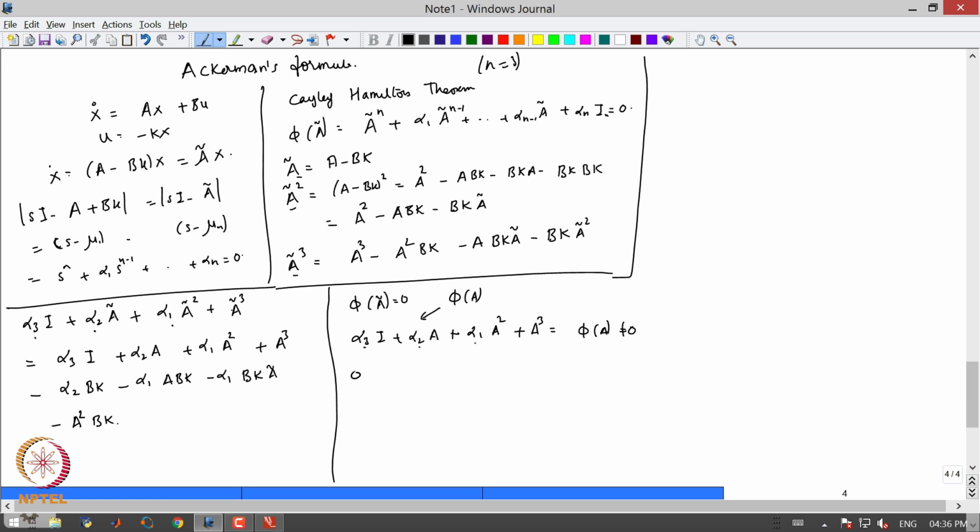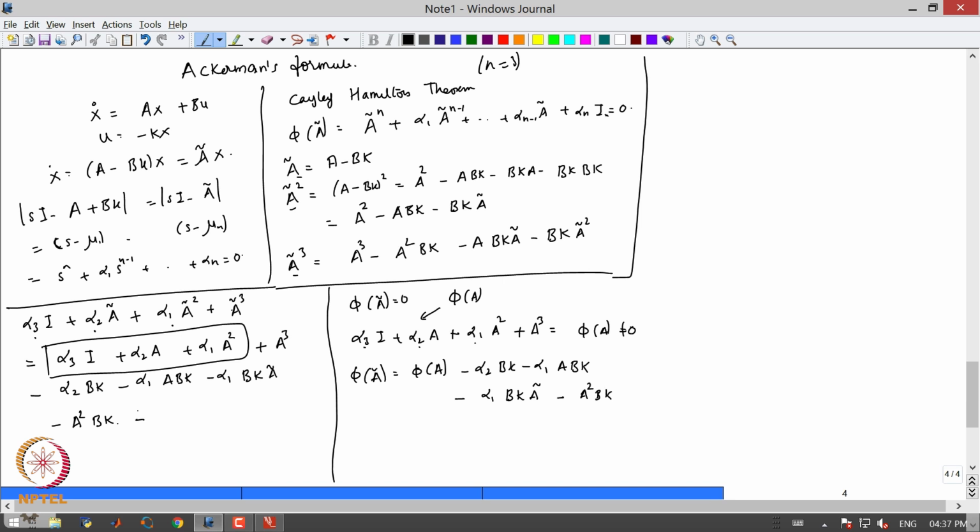But I can write phi of A tilde now as, see, the entire thing here is phi of A. So this is phi of A minus alpha 2 bk minus alpha 1 A bk minus alpha 1 bk A tilde minus A square bk.